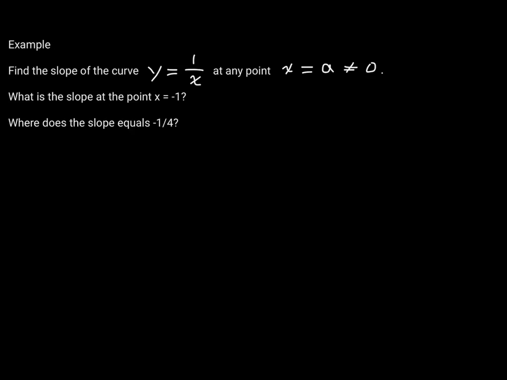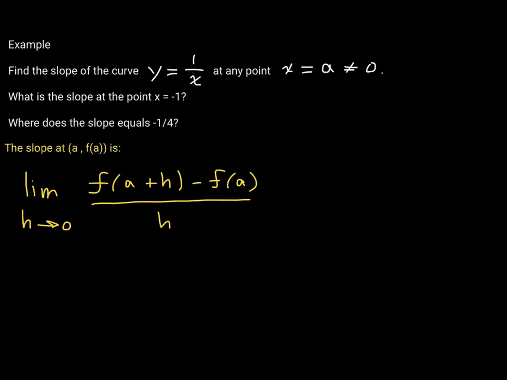So let's do the first one, which is find the slope of this curve at any point x equals a. We're going to do this using our definition that we just wrote down. So the slope at this point, a comma f of a, will be the limit as h goes to 0 of f of a plus h minus f of a all over h.